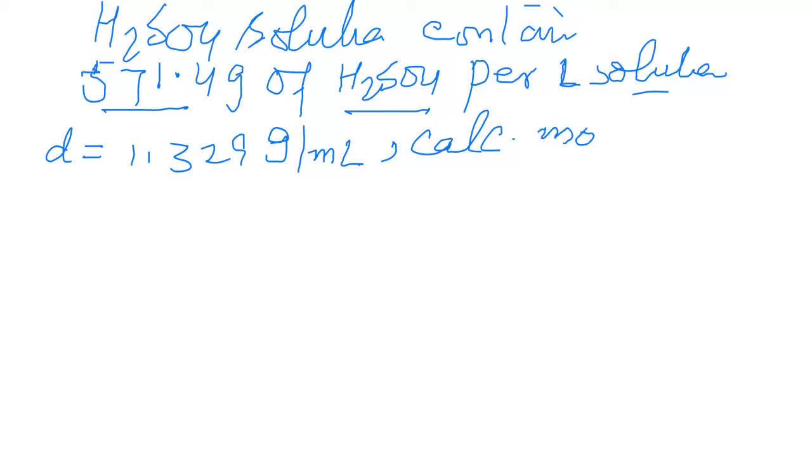This is opposite, kept small m. So what you do first, you just write here molarity is the moles per liter of the solution, right? So you have this much of gram of H2SO4 present per liter of the solution.